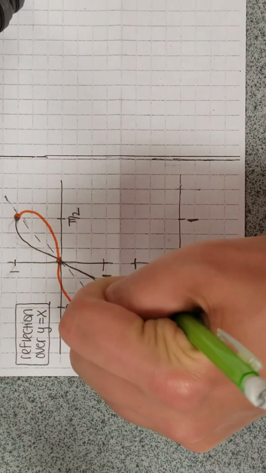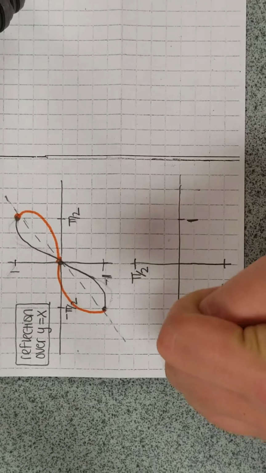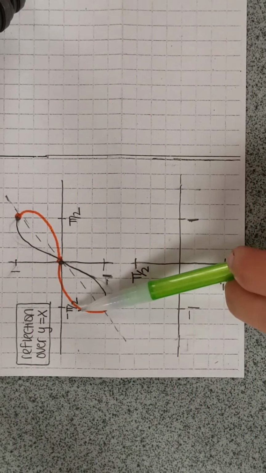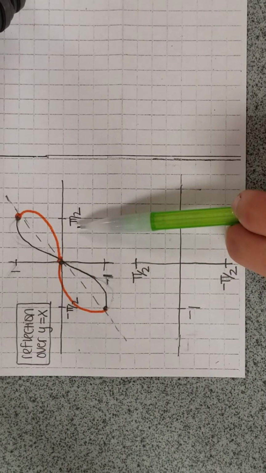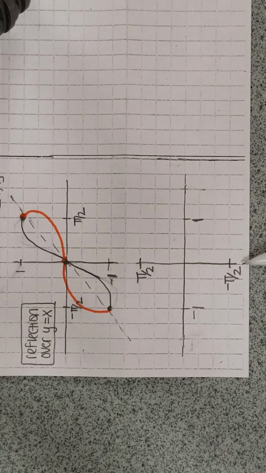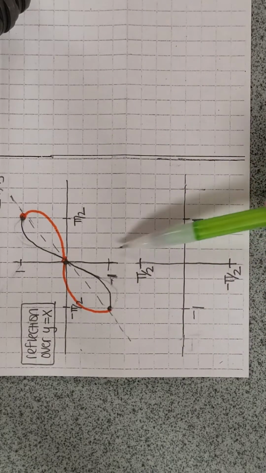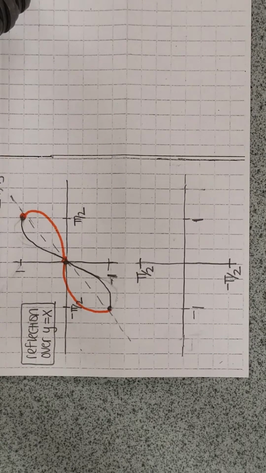And then we'll have on the y-axis negative pi over 2 to pi over 2, because notice it was on our x-axis for sine of x. Those will become the y values. The x values of sine become the y values of inverse sine, or sine inverse.